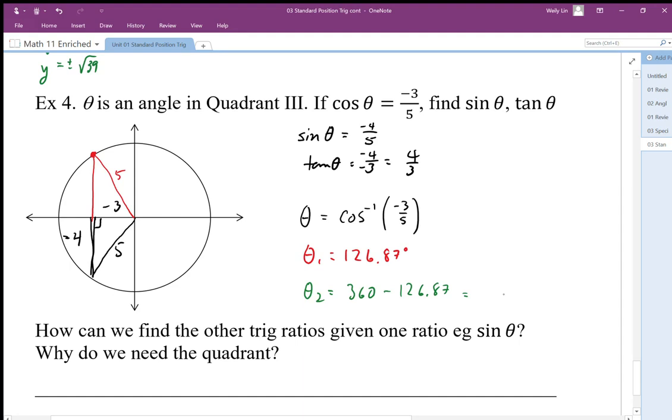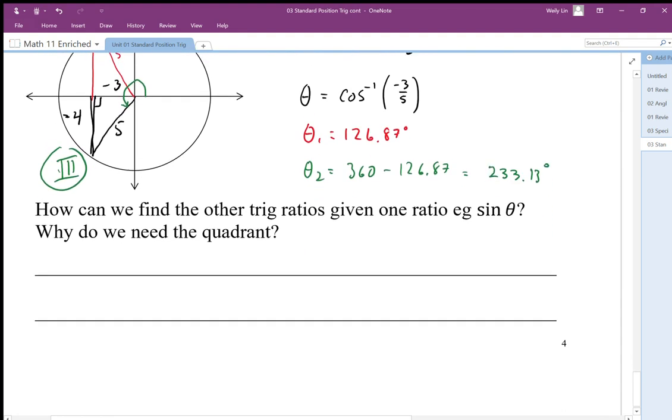That ends up giving us 233.13 degrees, I think. That gives us our angle measured in standard position to the point that we are describing. The quadrant with this ratio is quadrant 3, so I need to make sure that my answer is in quadrant 3.